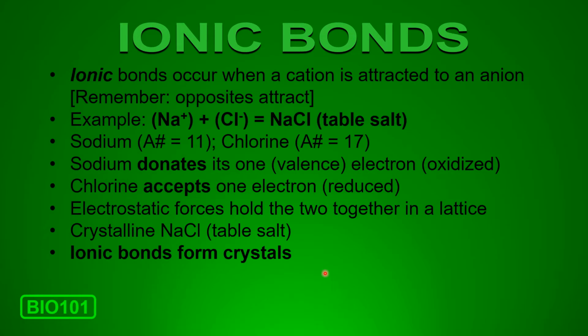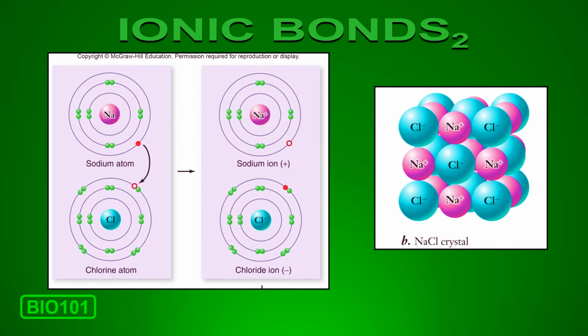So ionic bonds occur when a cation is attracted to an anion. The example that I gave was sodium, the positive ion, and chlorine, the negative ion, attracted together, forming the compound sodium chloride. And that's just the illustration I gave you last time of the crystalline structure of salt.